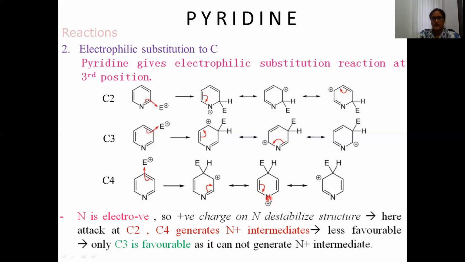These are the destabilized structures for electrophilic substitution. So for this reason, only the C3 position is more favorable for electrophilic substitution.